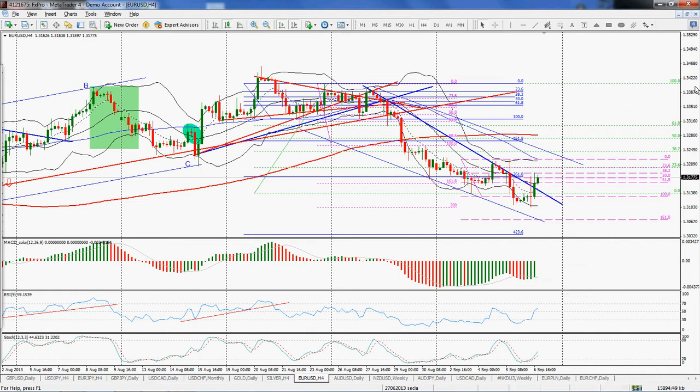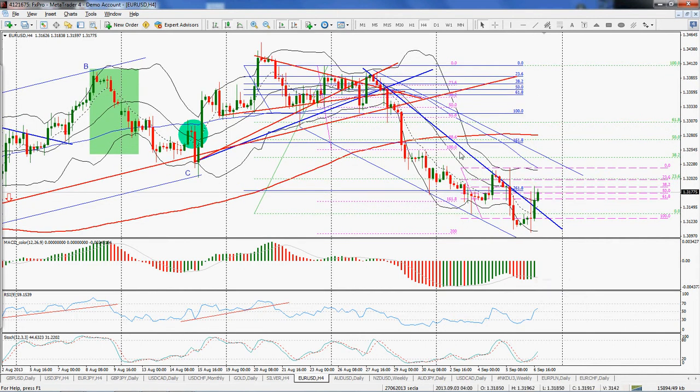So the instrument made a new low, but the MACD indicator made a so-called higher low. So that is the divergence again, and it shows us that the market may turn around. So there might be a change in the trend, and this is actually happening here.